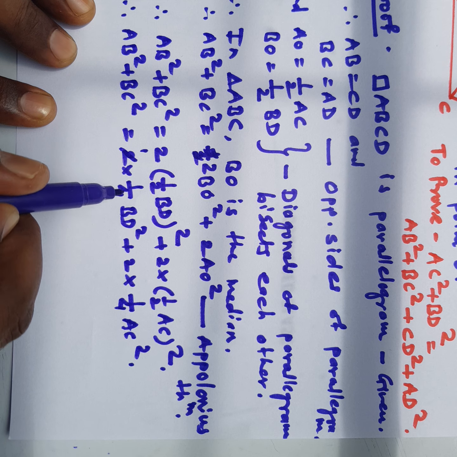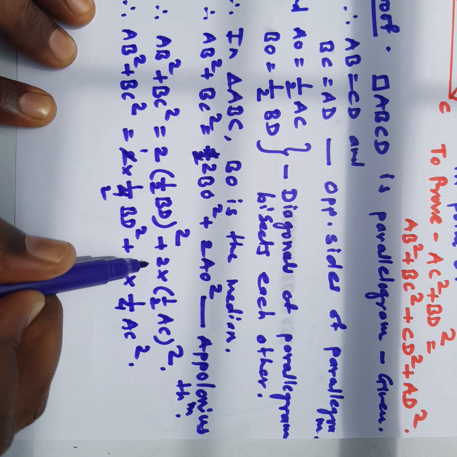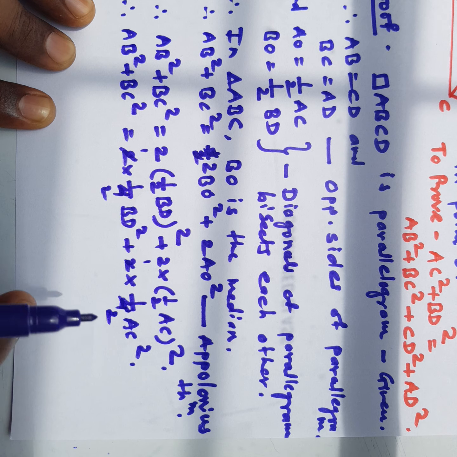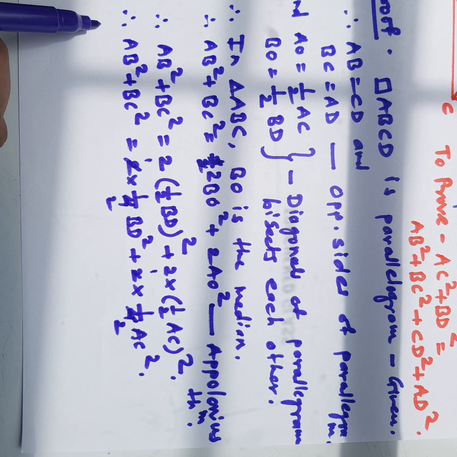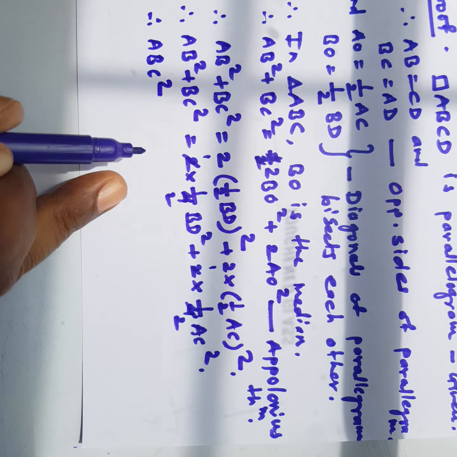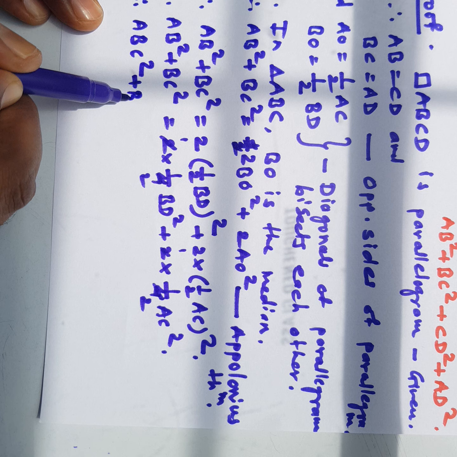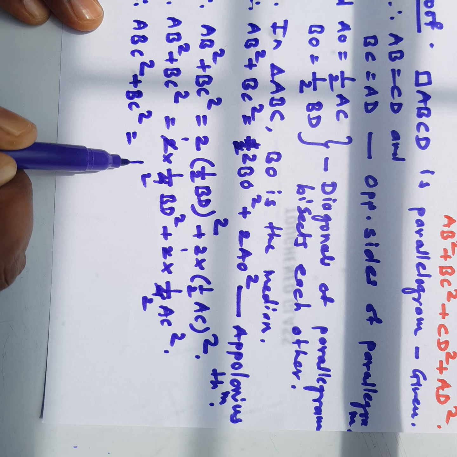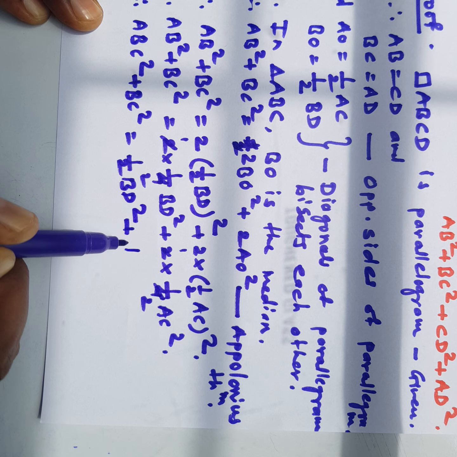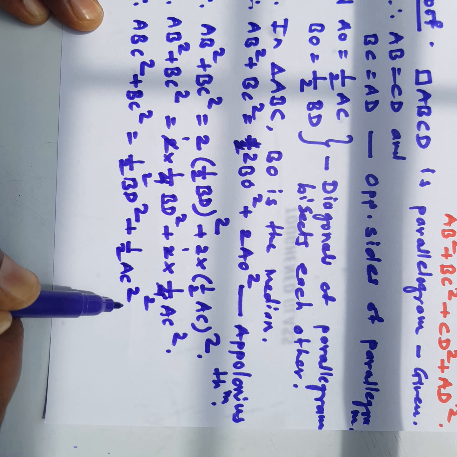Here 2 to the 4 and 2 to the 4 means we will get AB square plus BC square is equal to 1/2 BD square plus 1/2 AC square.